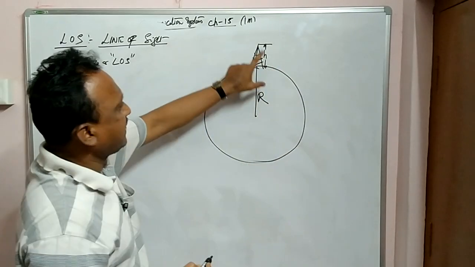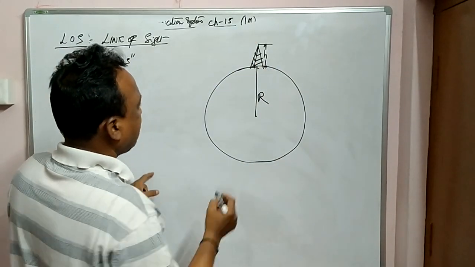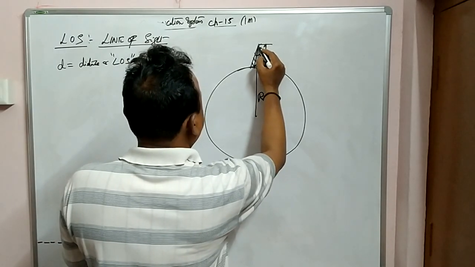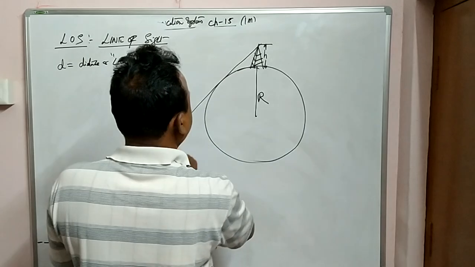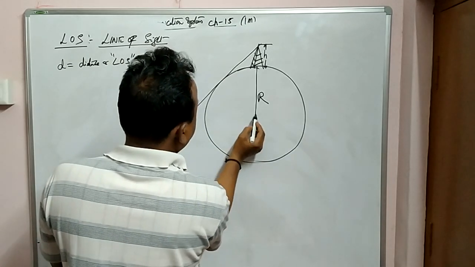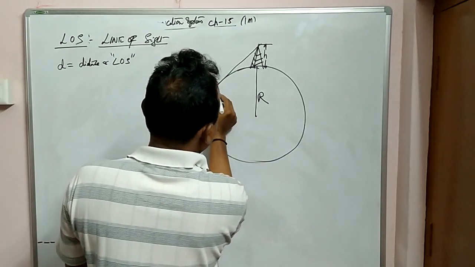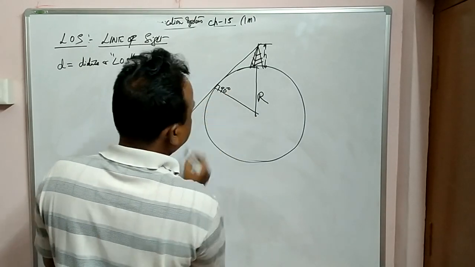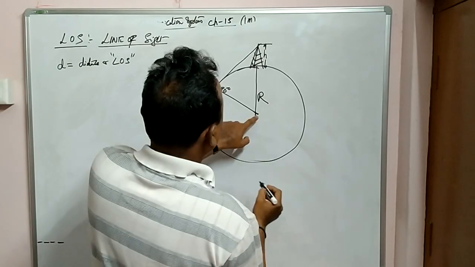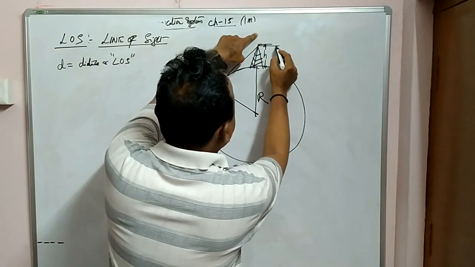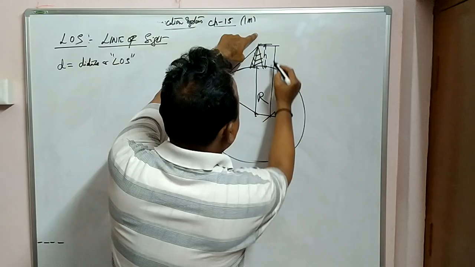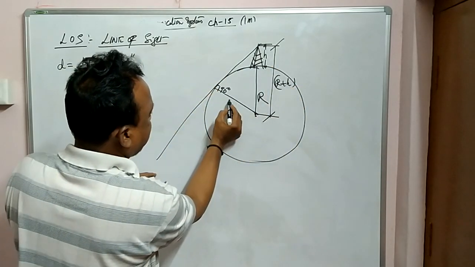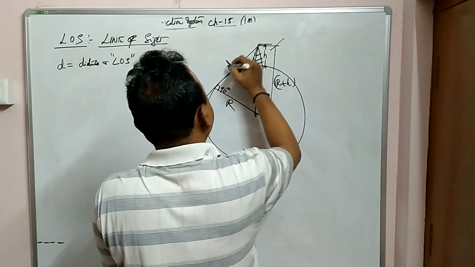Okay. Let the antenna be placed at a height h. Now see here carefully. I'll draw a tangent, the line of sight. This is the tangent. Now I'll drop a perpendicular here. Whenever you drop a perpendicular, it makes 90 degrees. Okay? And this is h. And this becomes the hypotenuse. Total distance is R plus h, this one. And this is also again your radius. And this is the distance, line of sight.